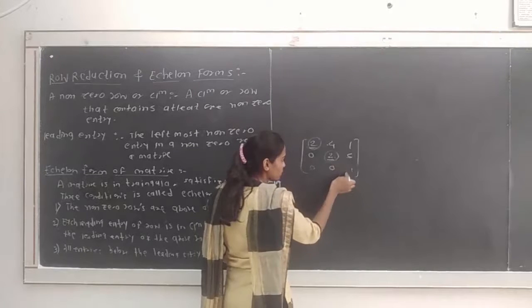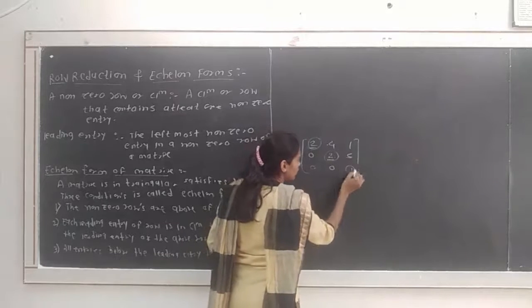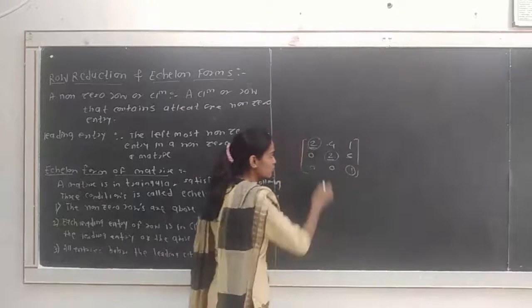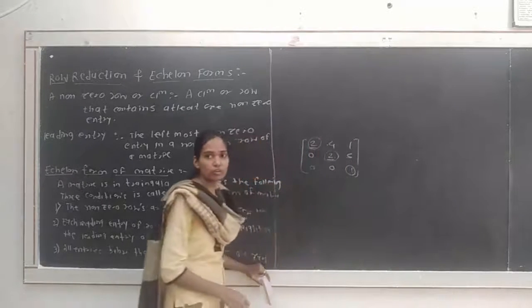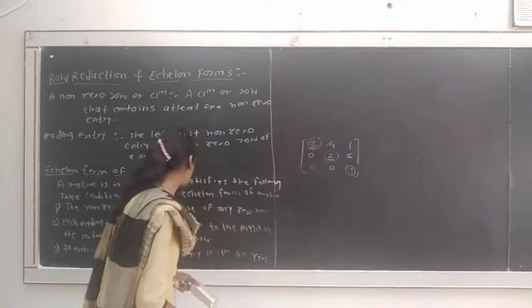Similarly for the next two consecutive rows, the leading entry of the lower row is to the right of the leading entry of the row above. In this manner we have to find the leading entries and convert to triangular form.